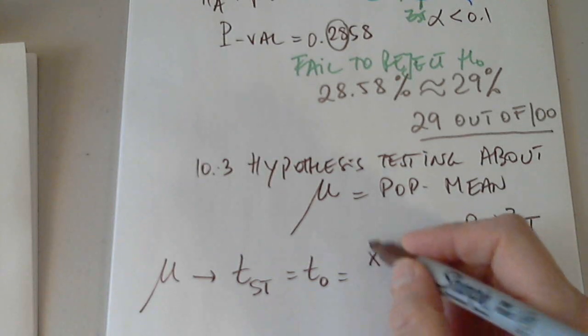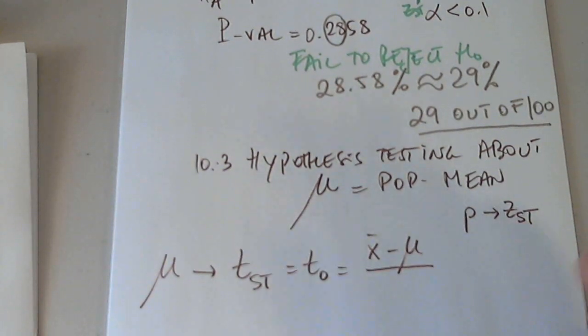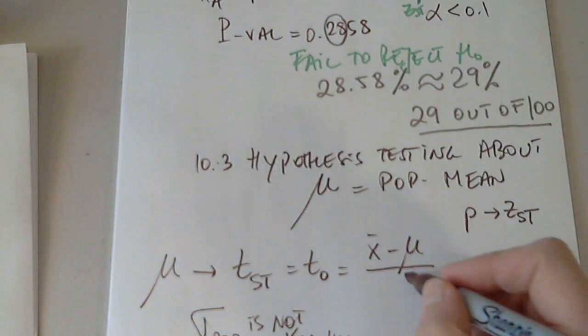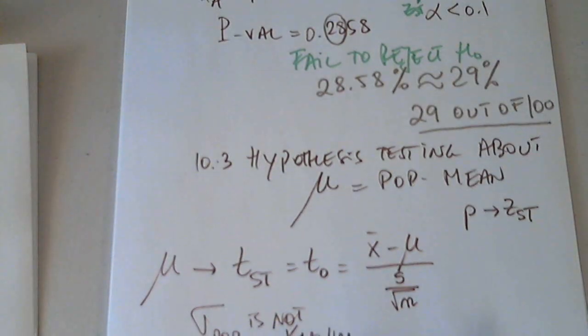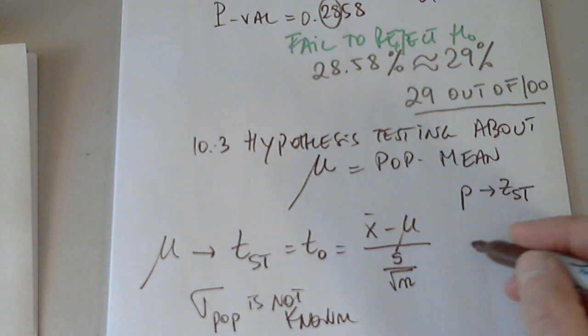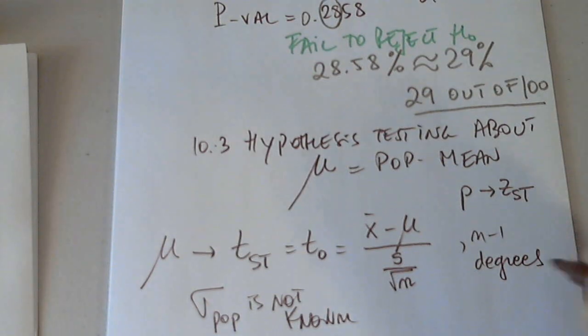Okay, so as we know from a long time ago, from confidence intervals, because we do not have sigma for the population, it is not known. So we're going to use S, and we have to divide it by the sample size, and we know that this has n-1 degrees of freedom.